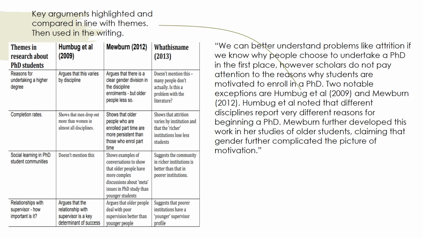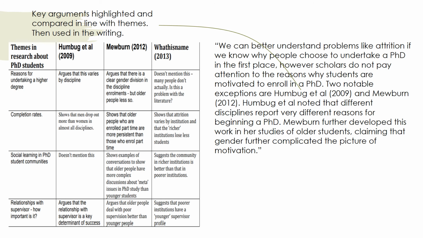They're looking at what people say from research about the reasons they found people do a PhD. They're looking at what research is saying generally about completion rates on PhDs. They're looking at social learning and students working in student-based communities to help with their studies. And they're also looking at PhD students' relationships with their supervisor. So these are their themes. These are the themes that we're going to see developed across the chapters of this person's thesis, their dissertation.